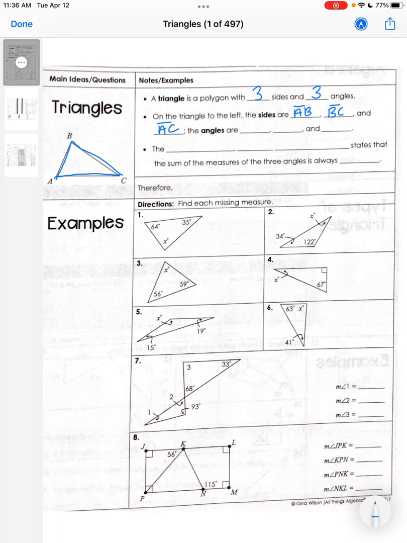The angles are angle A, angle B, and angle C. Okay? So the sides you always need 2 letters for, and then your angles we could just use 1 letter.